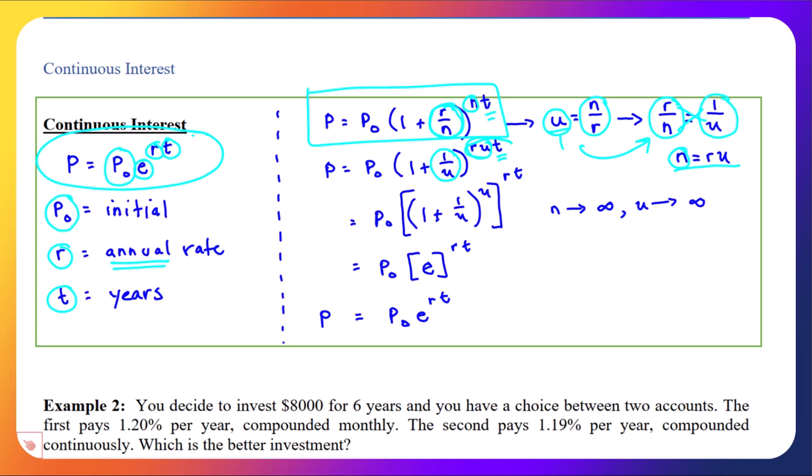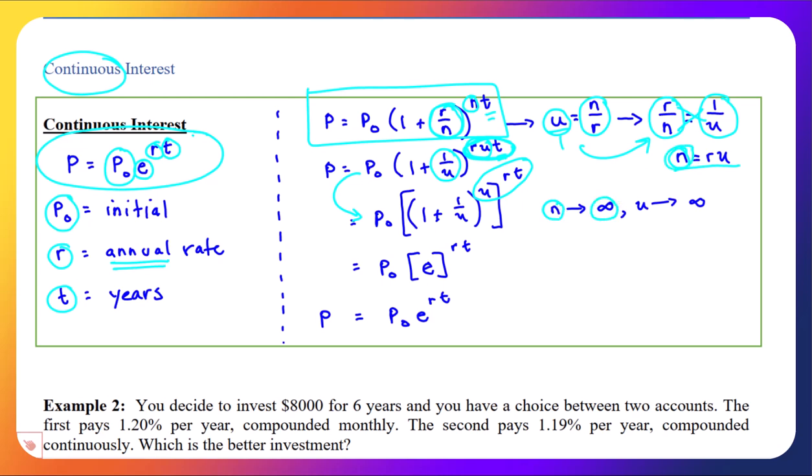When I have exponents that are multiplied together, R times U times T, when I have a power to a power, I do the same thing. I multiply exponents. So all I'm doing is rearranging this step to this step. But in continuous interest, where we are compounding all the time, N, or the number of times that we compound, is infinity.